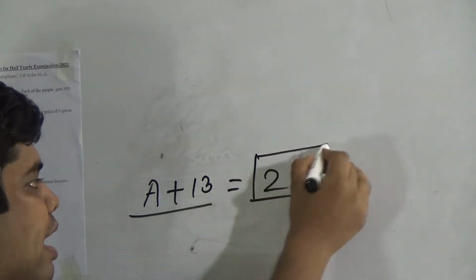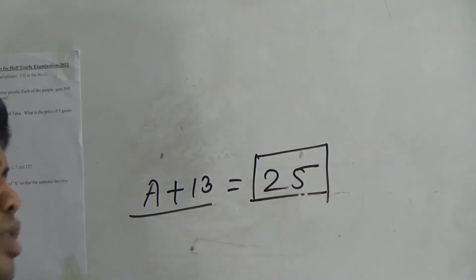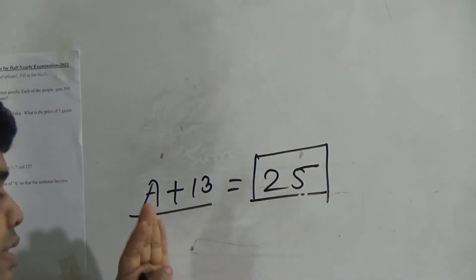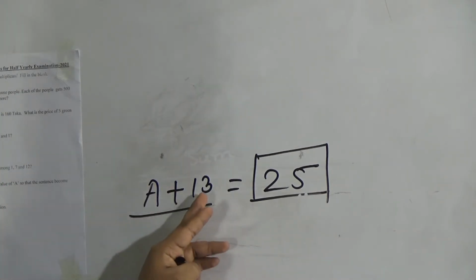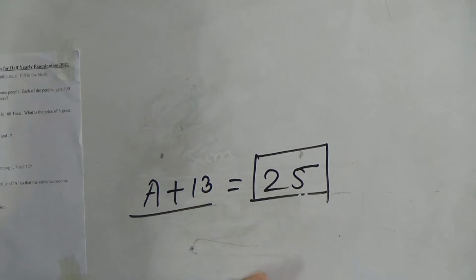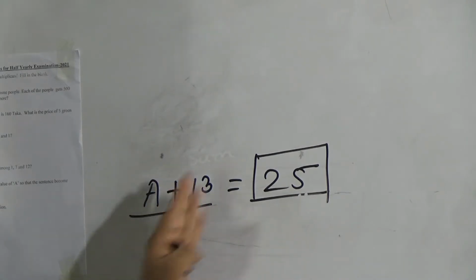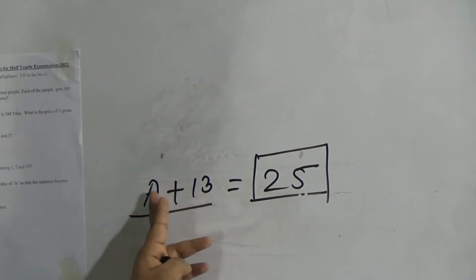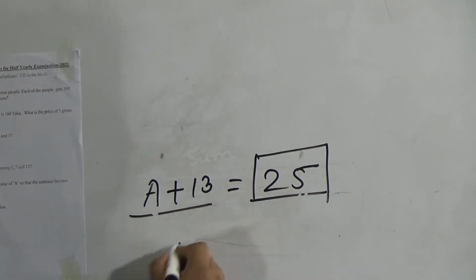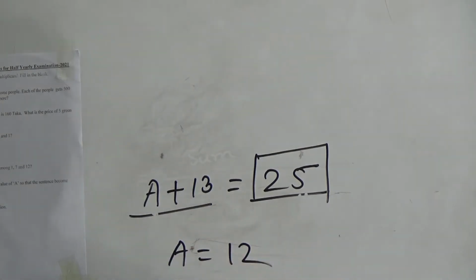This side has 25 and this side must be 25. Here 13. So which number is added to 13 to make 25? Okay, that number is 12. I hope you have understood. 12 is added with 13 and we get 25. So the answer is a equals 12.